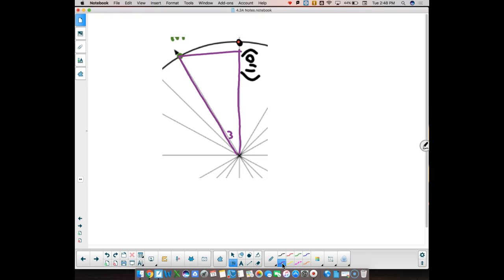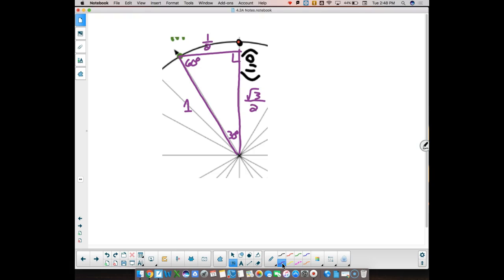So now here is 30, and here is 60, and there is that one. Okay? And so this was 1/2, this was 1, this was the square root of 3 over 2.